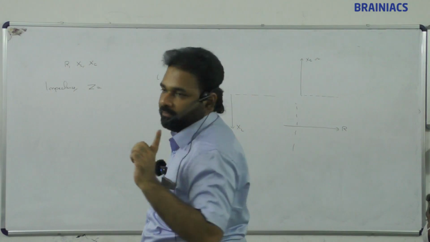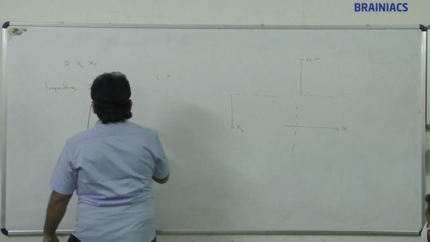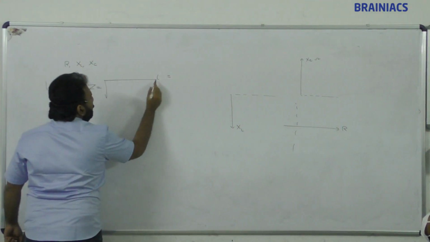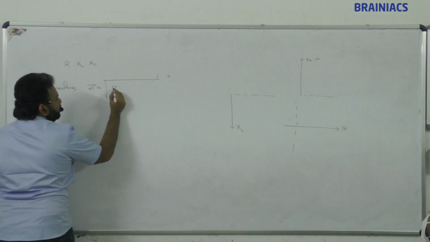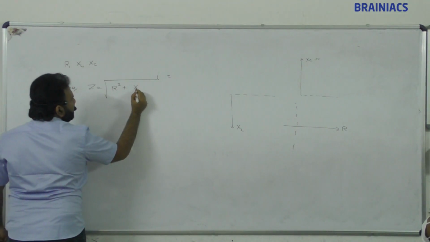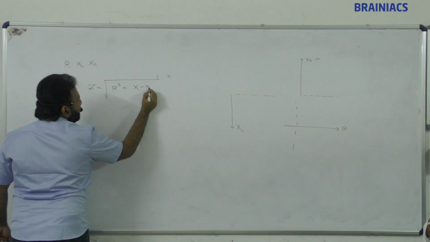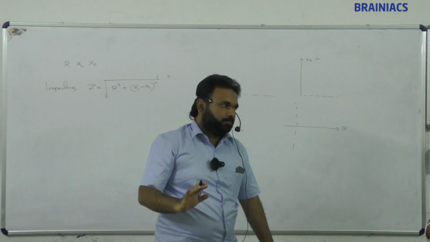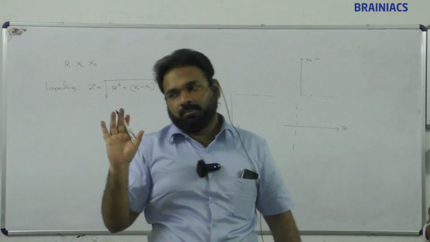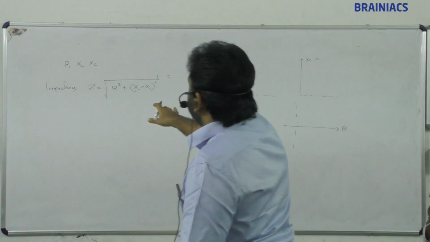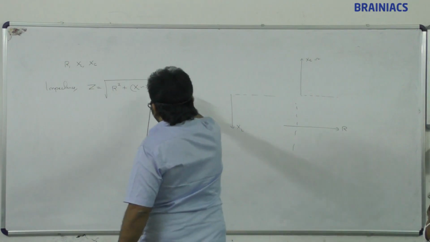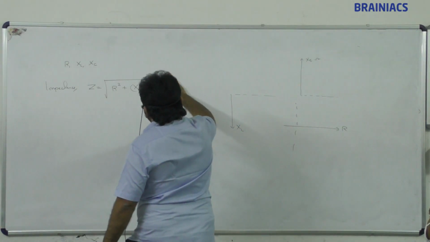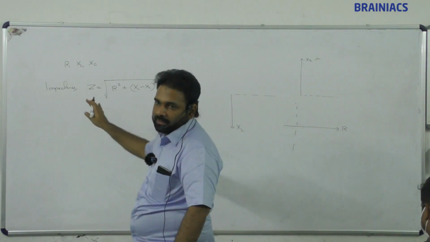So impedance is equal to the square root of R square plus (XL minus XC) the whole square. Whichever is more, its effect will be more. So R square plus (XL minus XC) or (XC minus XL) the whole square. Clear? This is the impedance.